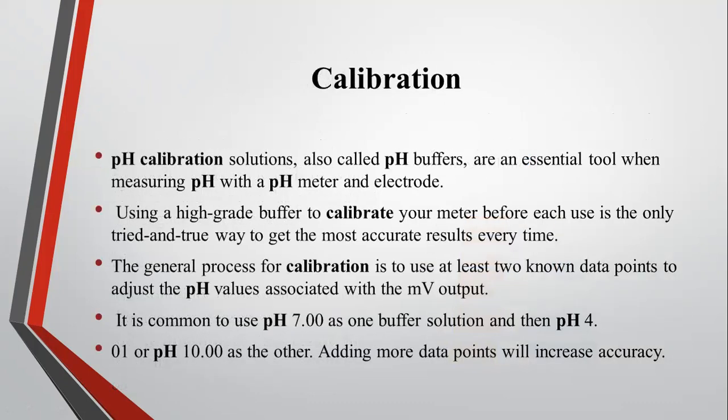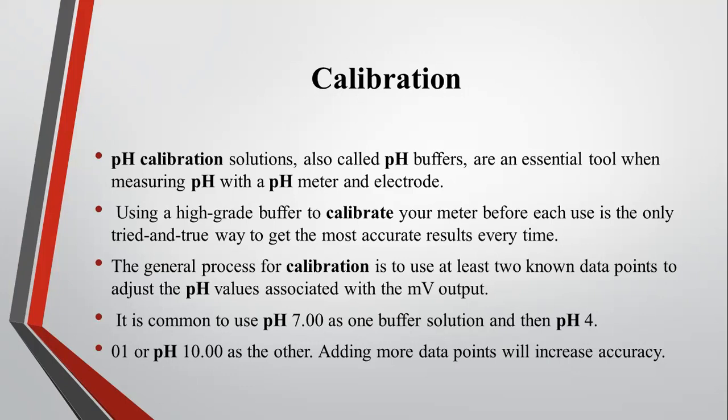When we talk about calibration, pH calibration solutions, also called pH buffers, are an essential tool when measuring pH with a pH meter and electrode. Using a high-grade buffer to calibrate your meter before each use is the only tried and true way to get the most accurate result every time.